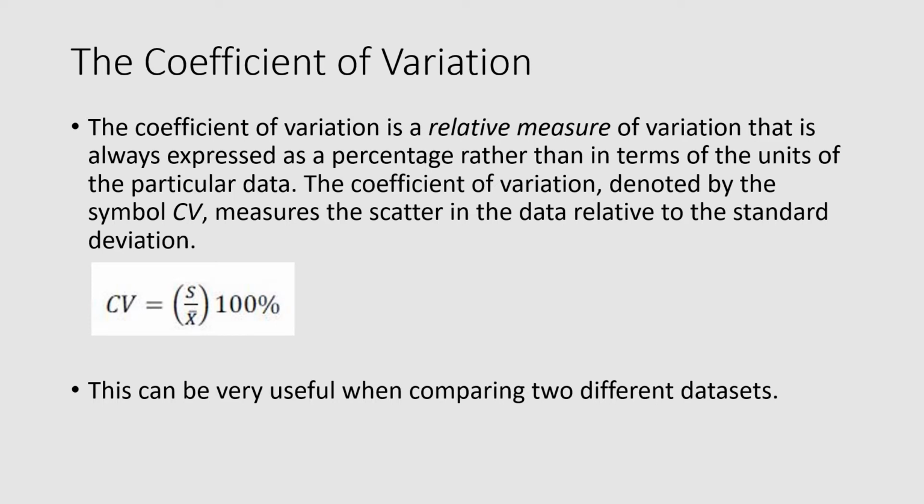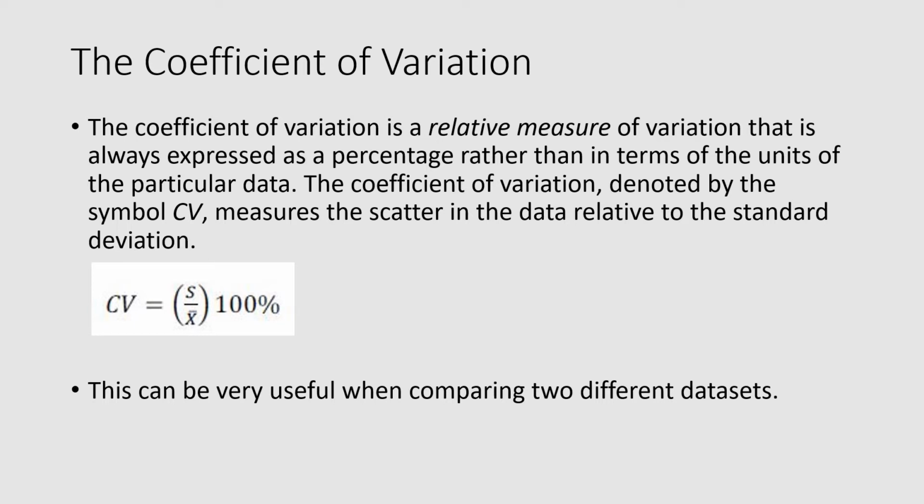Therefore, using relative frequency is quite nice because it does put the two different data sets in more or less equal position. And also the coefficient of variation gives a relative measure of the variation among the two different data sets.